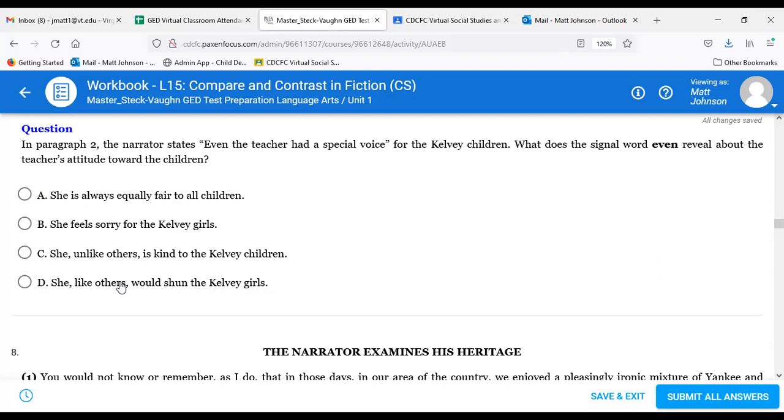B, she feels sorry for the clever girls. C, she, unlike others, is kind to the clever children. D, she, like others, shuns the clever girls.